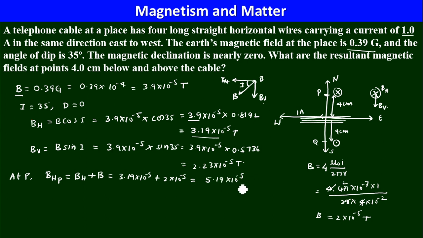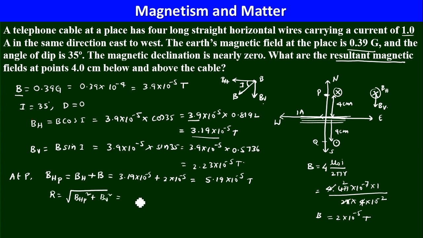It is not the final answer. So here at the point P, you have got the horizontal magnetic field, but there is a vertical magnetic field also. He is asking for the resultant magnetic field, so you just have to find the resultant now. Resultant is nothing but the square root of BH at point P whole square plus BV whole square.